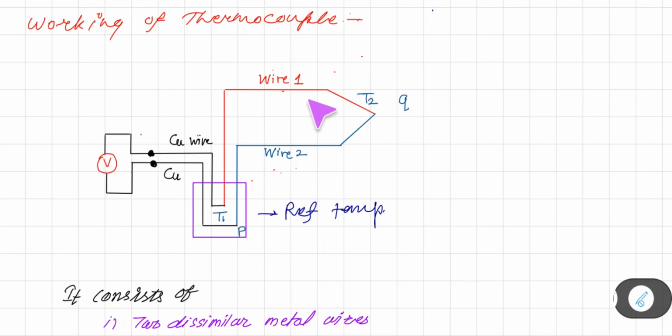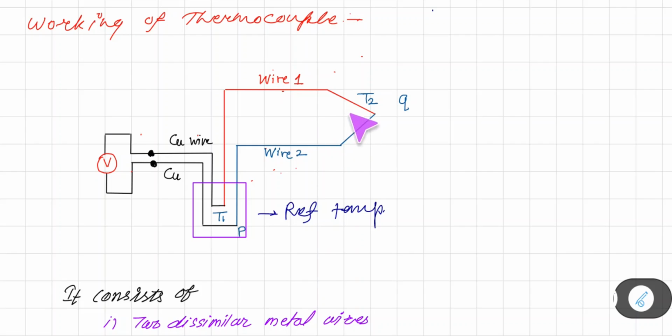When the temperature of both the ends is the same, that means the temperature of the red wire as well as the blue wire are all the same, then there is no flow of current in the circuit because of equipotential points, and we do not get any kind of deflection or flow of current in the circuit.